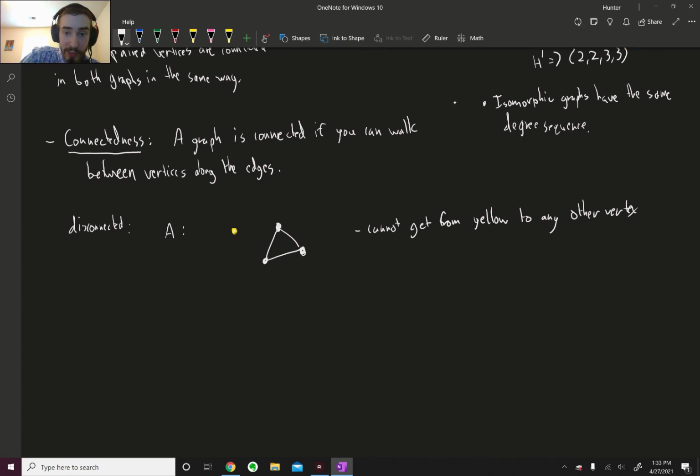And we can also see from the picture of the graph that this has two connected components. Right? It's split up into two pieces where you can freely move around. Component 1 is just the yellow dot. Component 2 is the triangle.